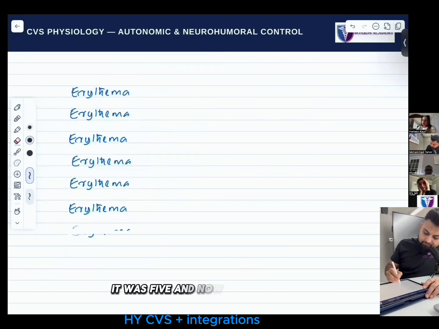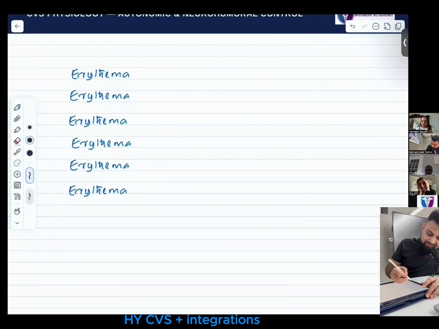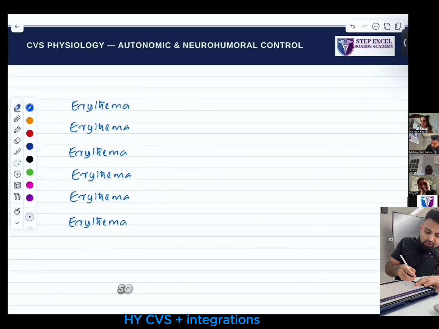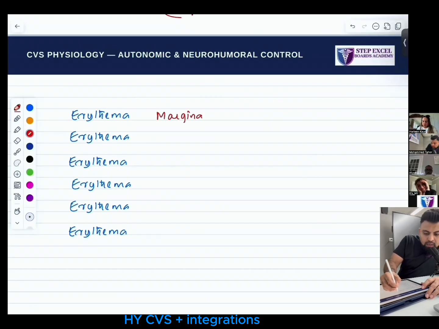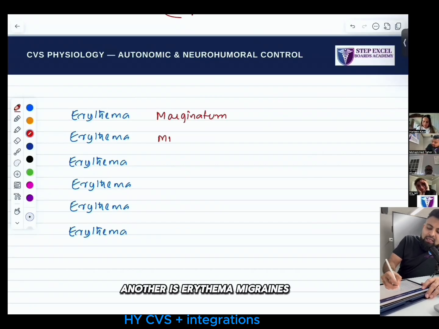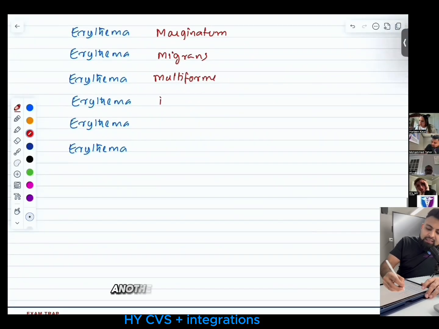I'll just write them down like this. One is erythema marginatum, another is erythema migrans, another is erythema multiforme, another is erythema infectiosum, another is erythema nodosum.